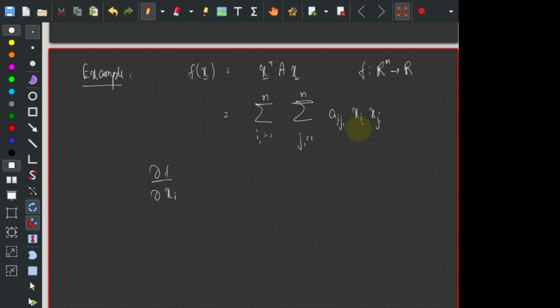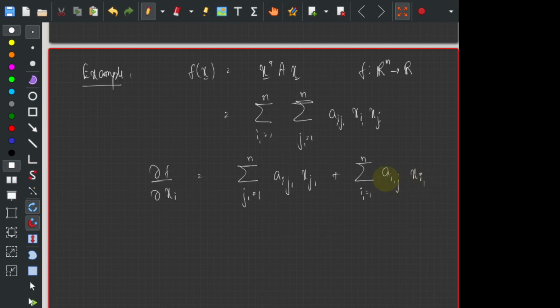Summation, only j1 from 1 to n, a i j1 x j1, plus summation i1 equal to 1 to n, a i1 i x i1.